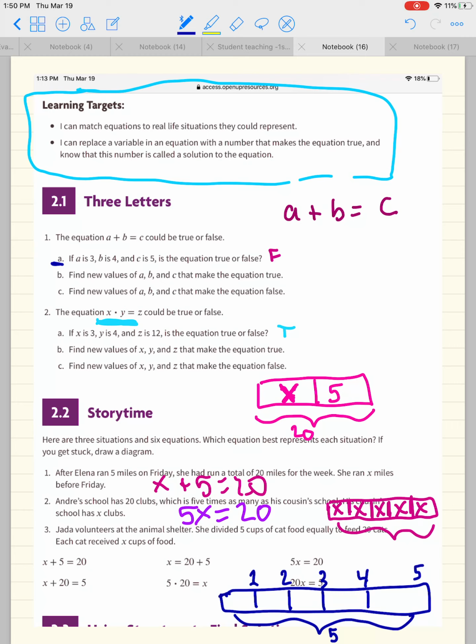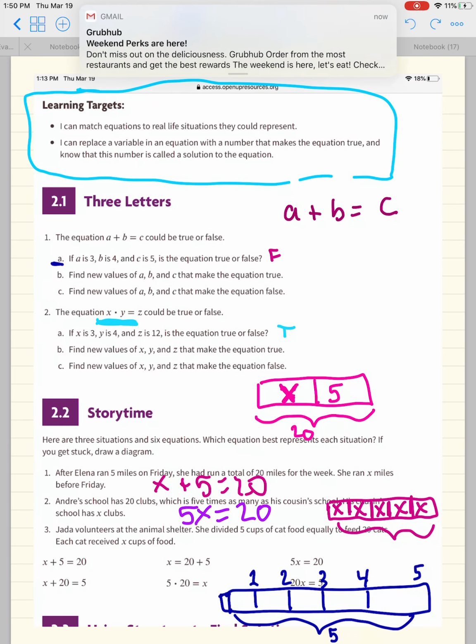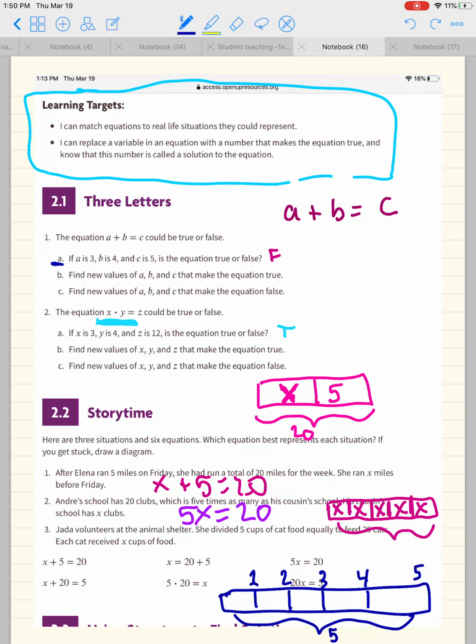And I know that I have to split these 5 cups up into 20 total parts. And so in order to do that, I'm going to take my 5 cups and I'm going to split them into 4 equal parts. I'm going to do this in a different color to make sure it's not confusing. What I'm doing right now is I'm making sure my total of 5 cups is split into 20 parts.